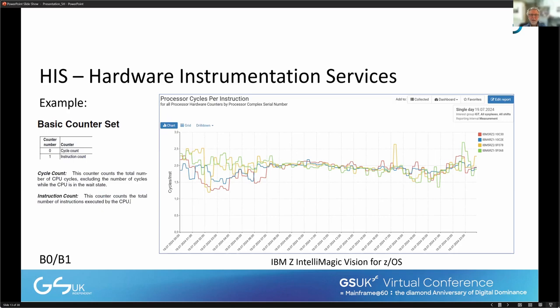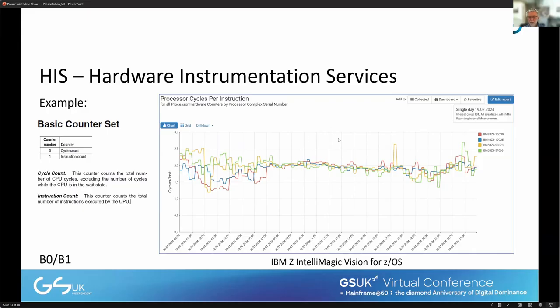So let's look at some examples. Based on the basic counter set, which means I'm looking at two counters, the cycle counter and instruction count, we can visually look at how many processor cycles per instruction, in this case per CEC for our hardware, for one single day.